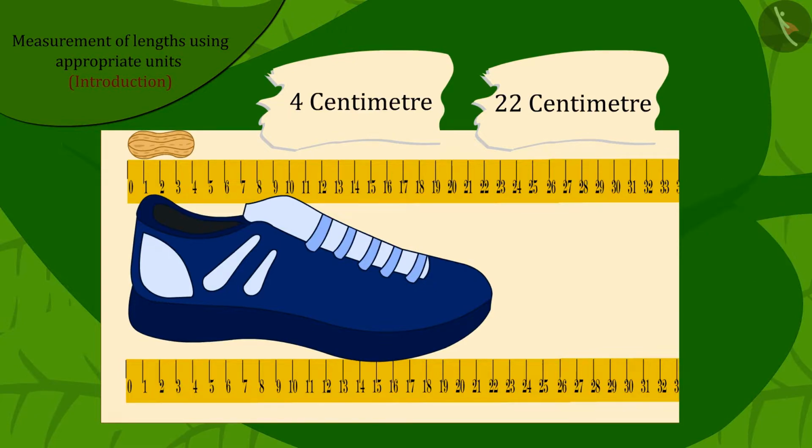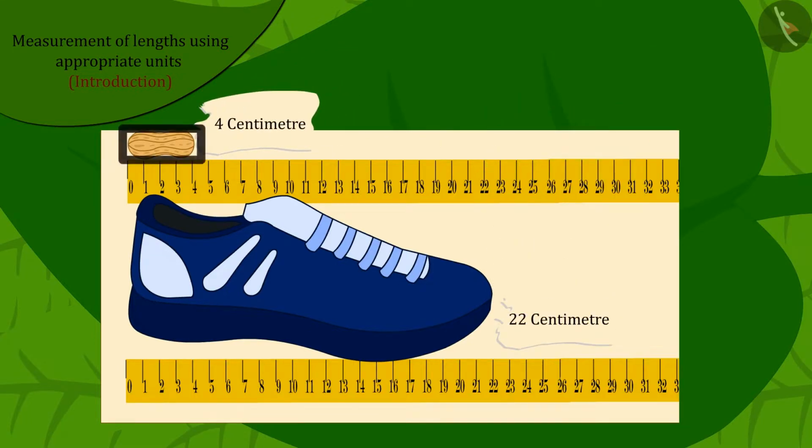Well done, kids! You have found the answers to them. Because the length of the peanut is much smaller than that of the shoe, length of peanut will be 4 centimeter and shoe length will be 22 centimeter.